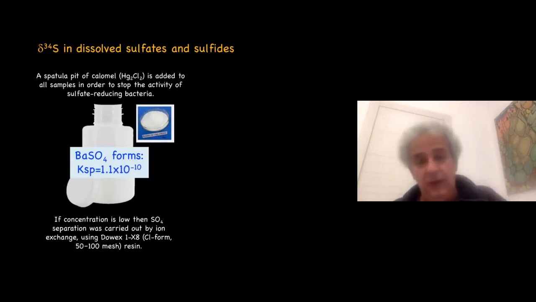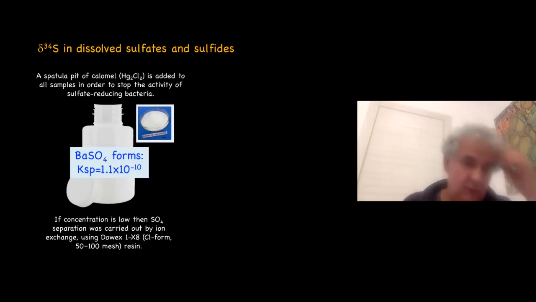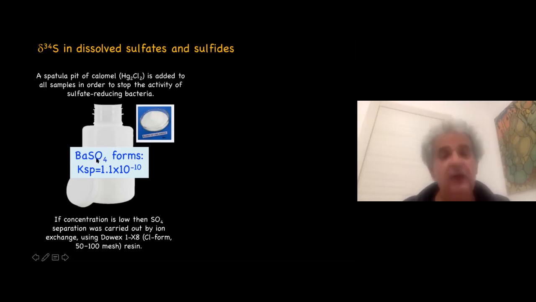And then we're going to add barium chloride. So barium chloride produces a reaction between barium itself and sulfate to form barite, basically, whose solubility product you may see is very low. So this means that the precipitation is very rapid.